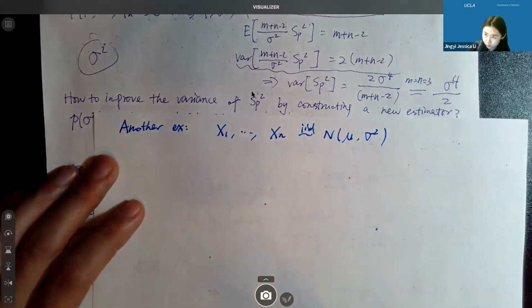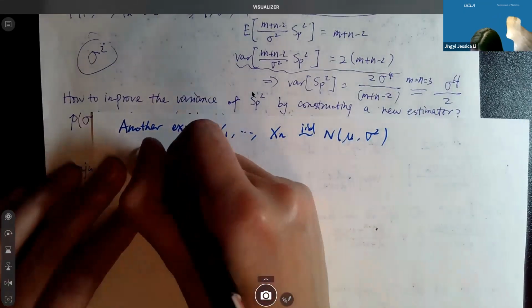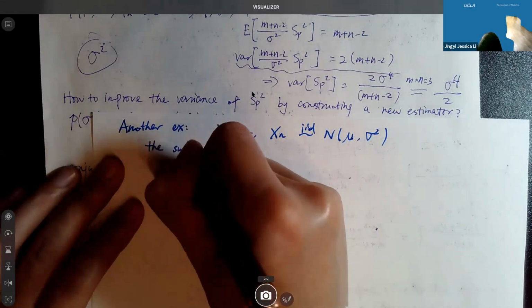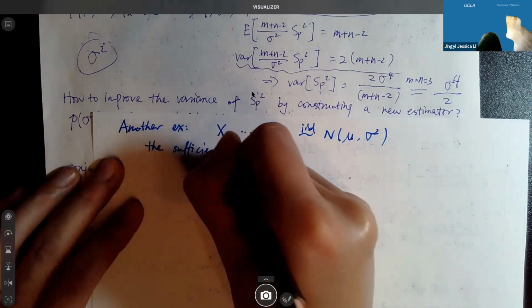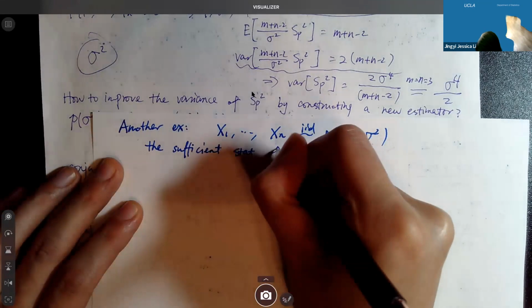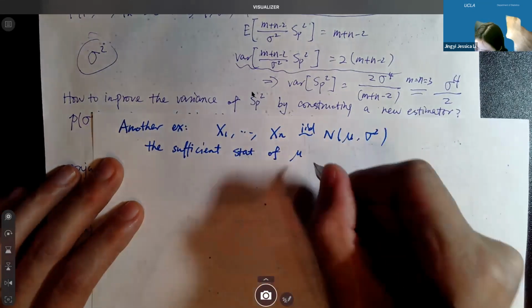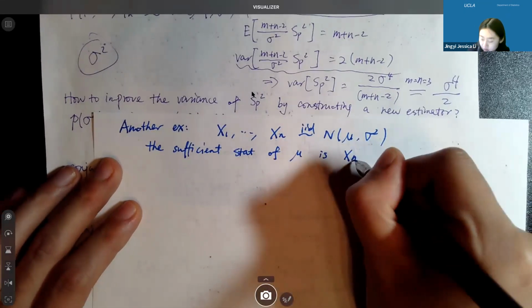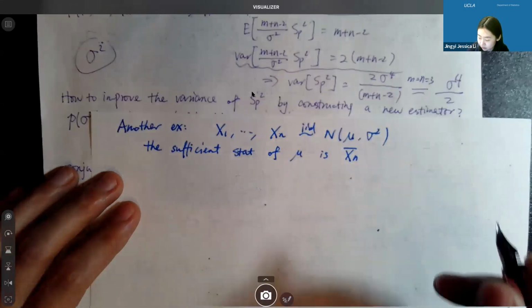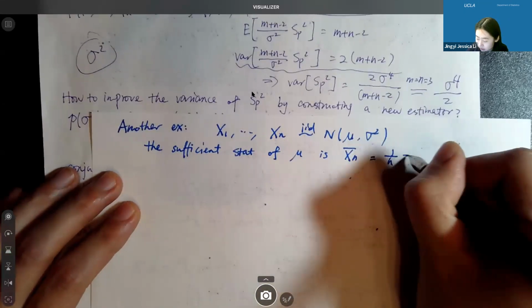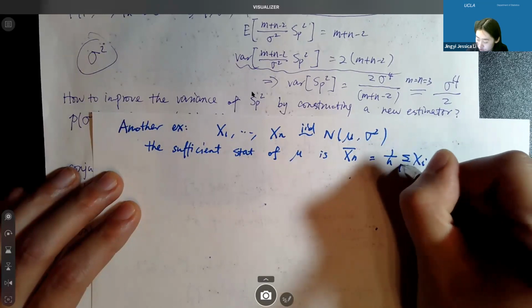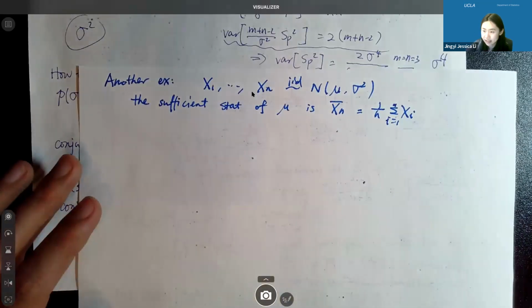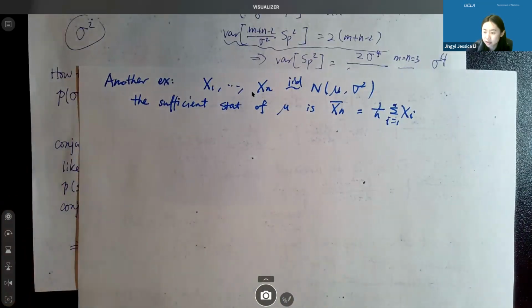Another straightforward result is that the sufficient statistic of this parameter mu is x_n bar, the average of x1 to xn. So if you just know the average, you're good to go. That's the only information you need to estimate mu. So that's another example.